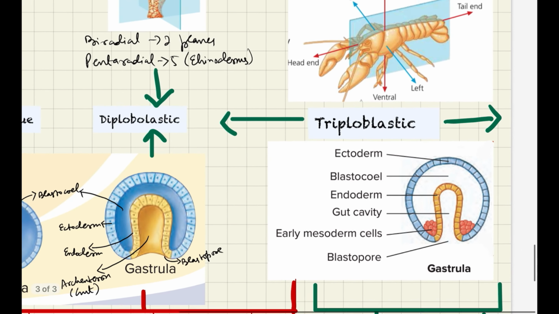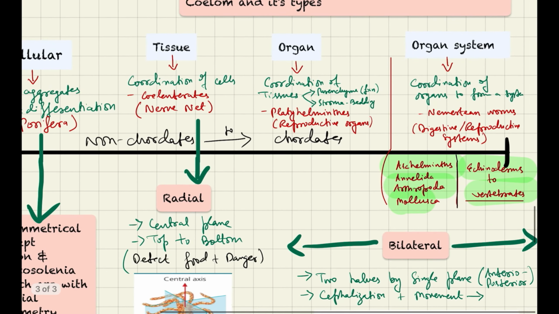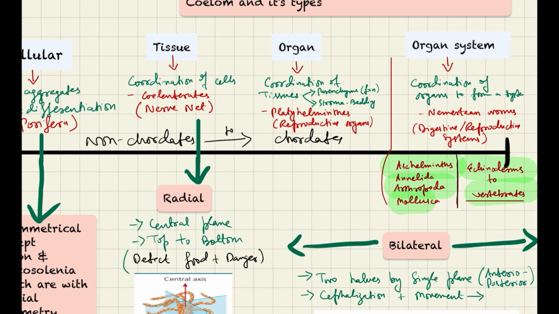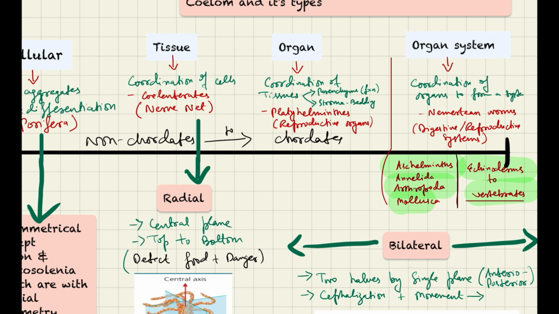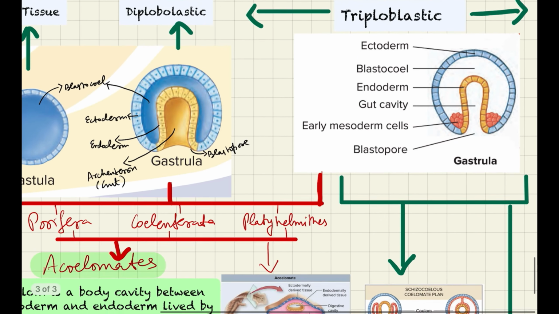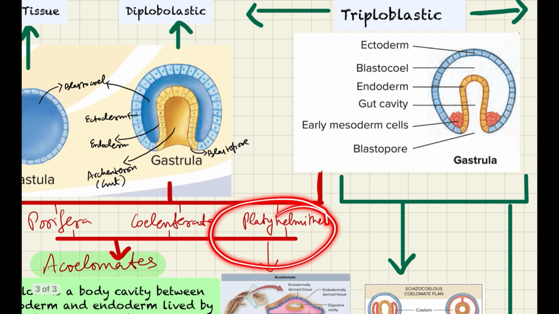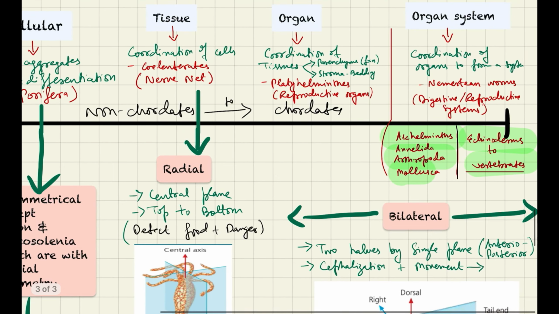Now we can see that the organ level grade of organization is also ending up in this acoelomate category. The only organization where we can find this coelomate condition is this organ system here in these groups.